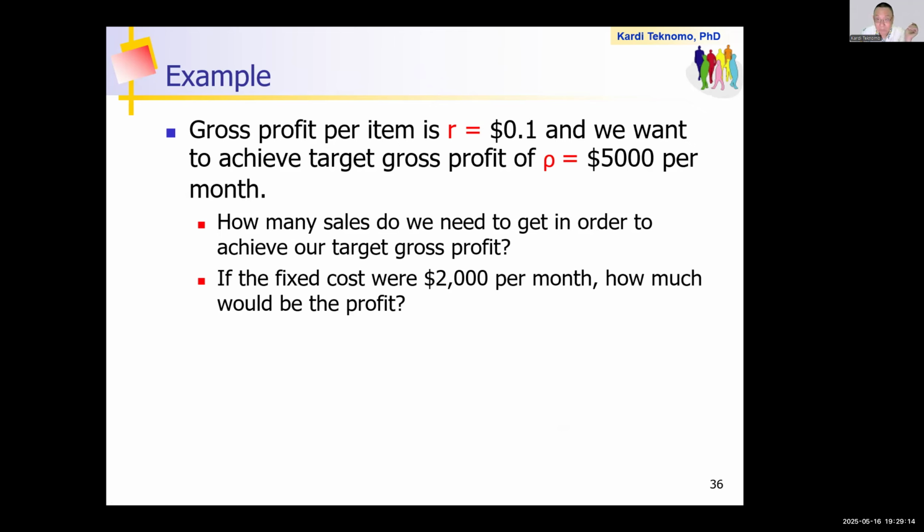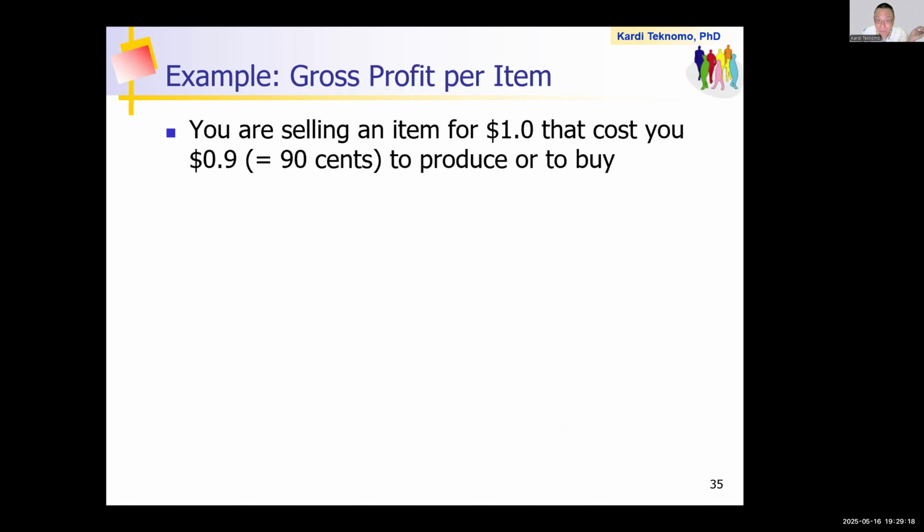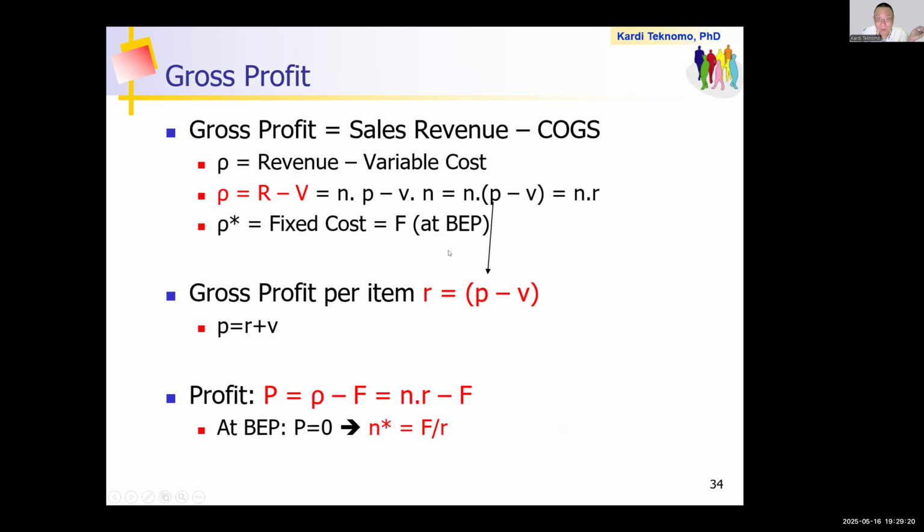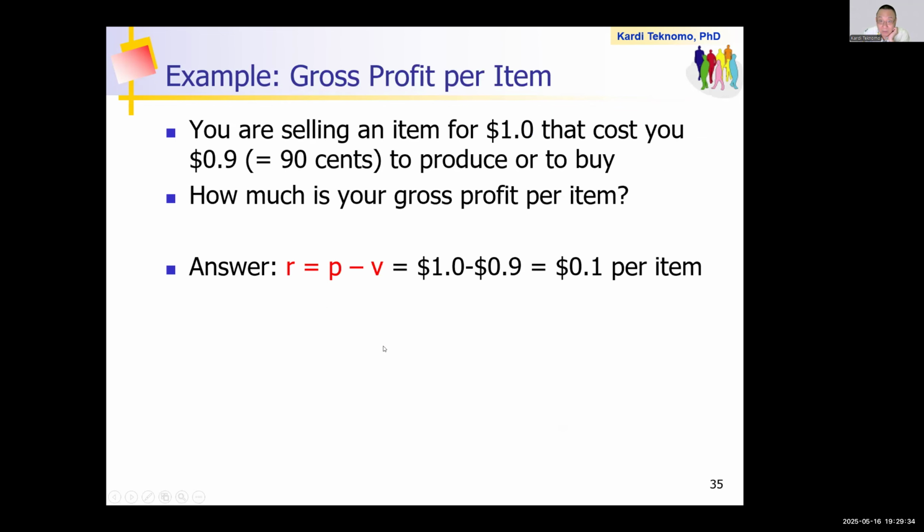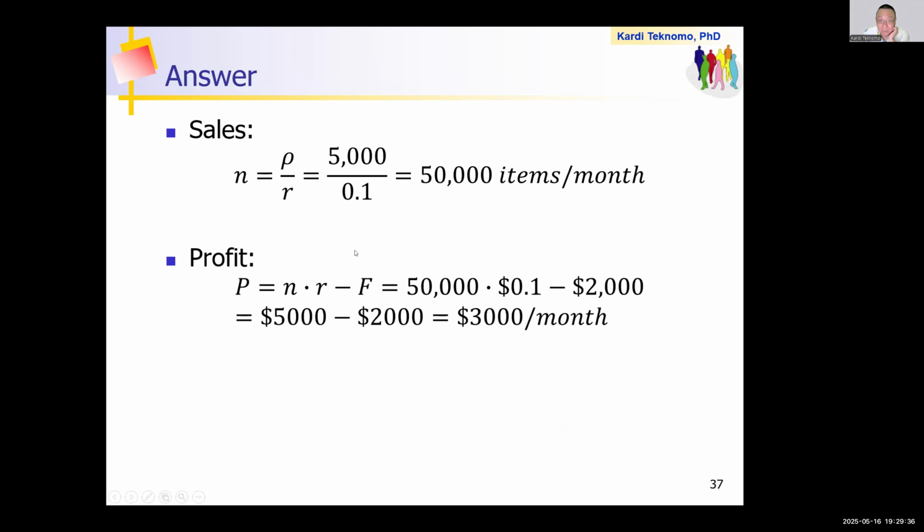Based on the formula a while ago, rho is just N times r, and r is equal to P minus V. With this formula, you can calculate the items. N is just rho divided by r, so you get 50,000 items, and this is the profit that you will get per month.